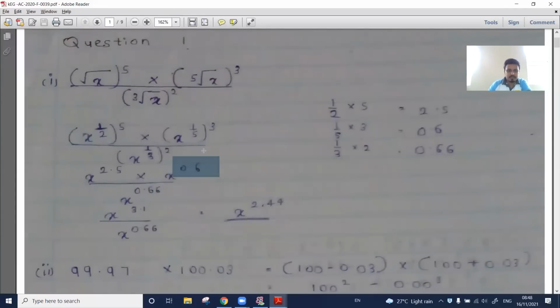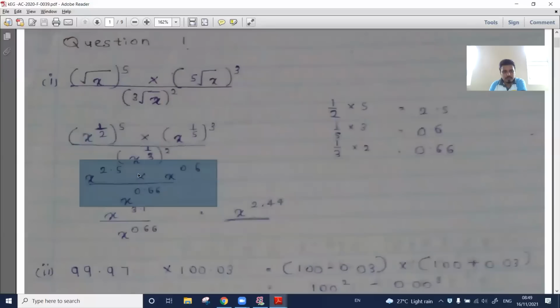Here, 1 over 3 into 2. What it should be? Yes, that is 0.66. Right? Then we can have this one.